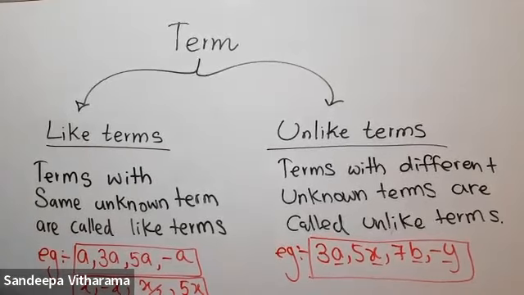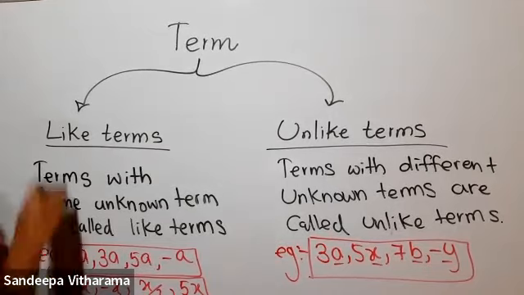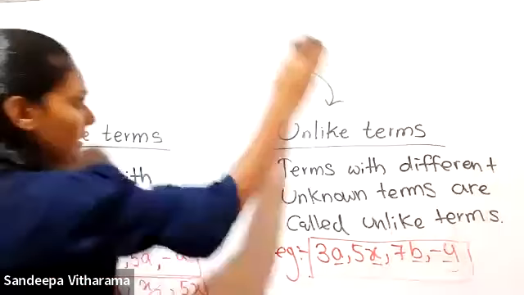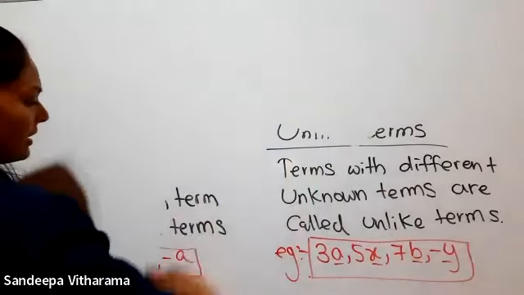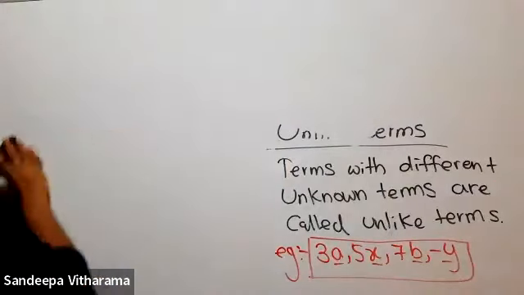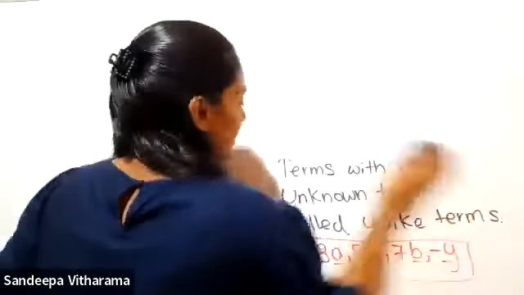Okay, Pute? Have you finished with the writing? Yes, madam. Now, what is the importance of learning like terms and unlike terms? It helps us to do the simplification of algebraic expressions. Okay. Then write down the next subtopic.